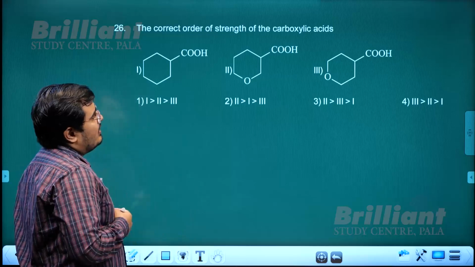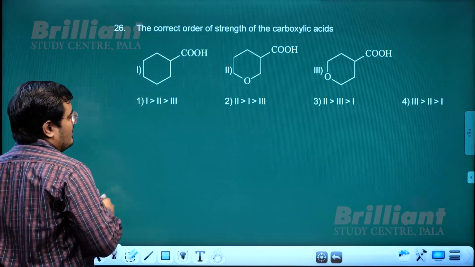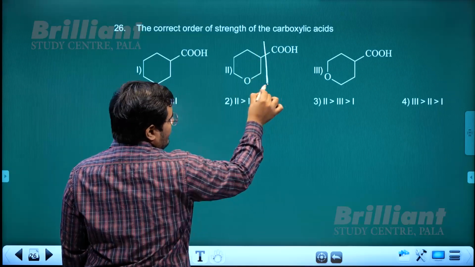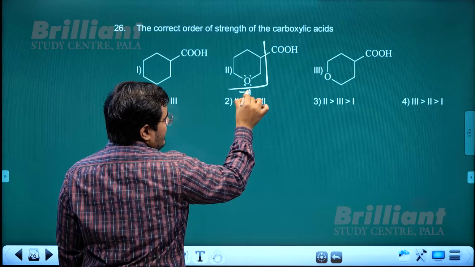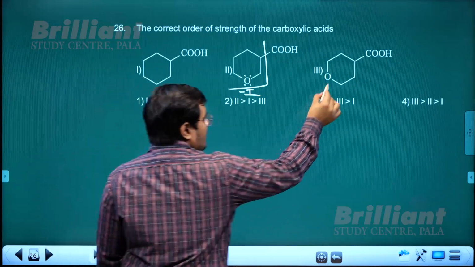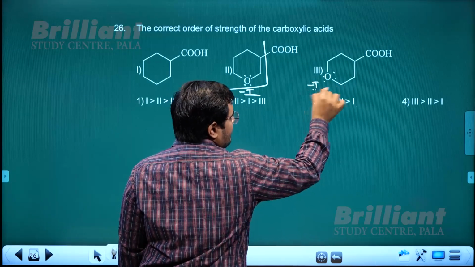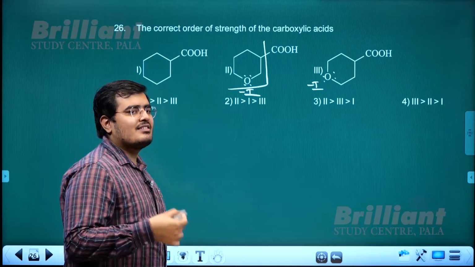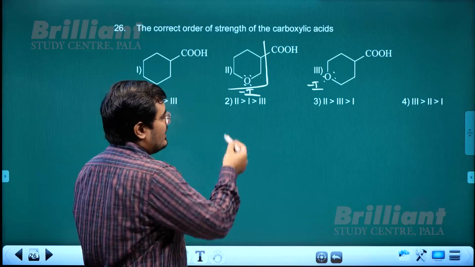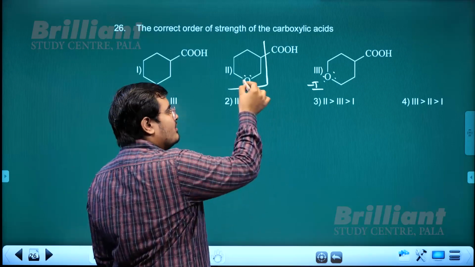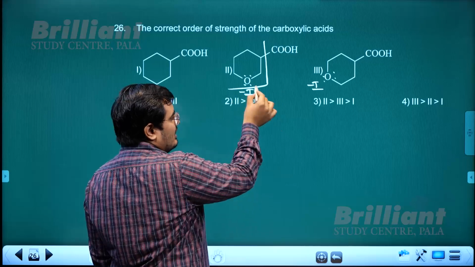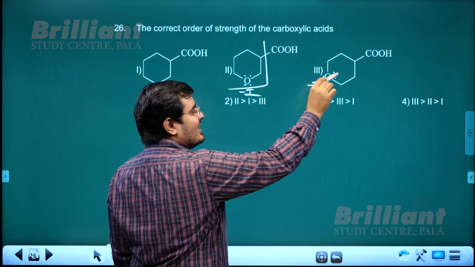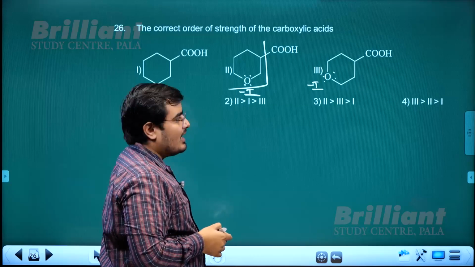Next is the correct order of strength of carboxylic acid. So here we have to look at the substituents. So group O, if you look here, this O is actually exerting its minus I. Here also this O is exerting its minus I. Inductive effects, we know, are distance dependent effects. So the electron withdrawing nature of O will be more when it is closer, which is in this case, whereas in this case the inductive effect of oxygen will be less as it is far from the carboxylic acid unit.